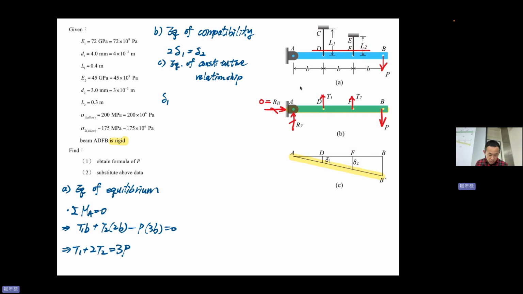So we can write down delta 1 equal to T1 L1 divided by E1 A1. Because it's too complicated, can I make it blue? Okay, the next one will be delta 2. Delta 2 equal to T2 L2 divided by E2 A2.